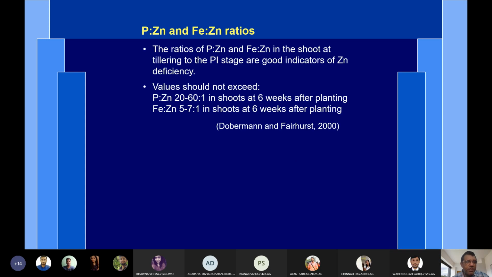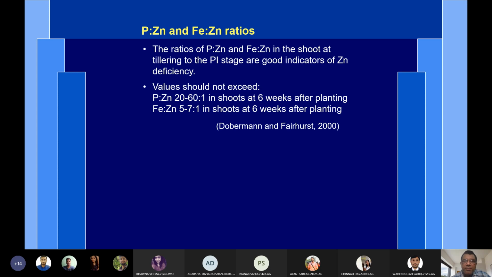The ratio of phosphorus to zinc and iron to zinc is also important. These nutrients have an antagonistic effect, phosphorus and zinc in general, and similarly iron and zinc. So the ratios of phosphorus to zinc and iron to zinc in the shoot at tillering to the PI stage are good indicators of zinc deficiency.